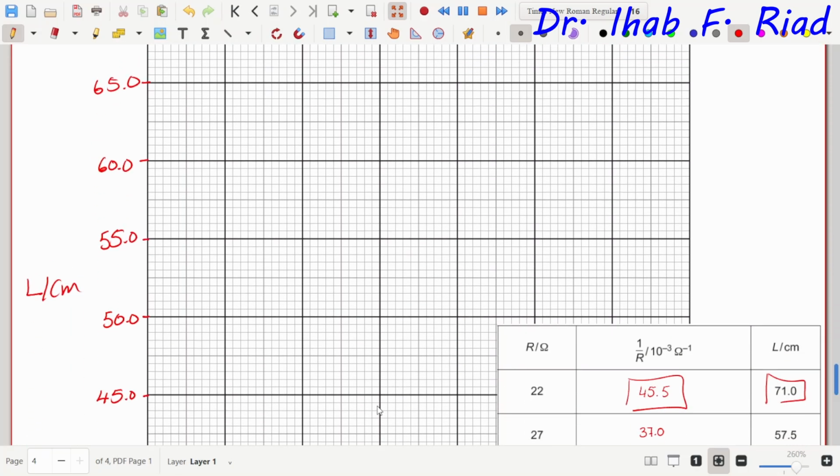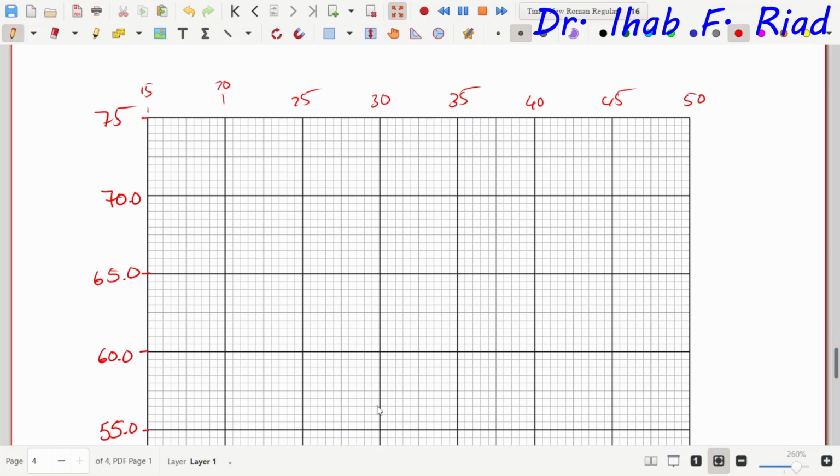So what do we have? 45.5 and 71. Where is 45.5? We know that this is 45, and 45.5 is this line. What about 71? We have here 70. This is 70.5, and this is 71.